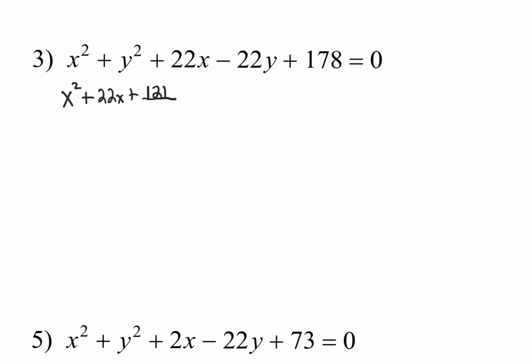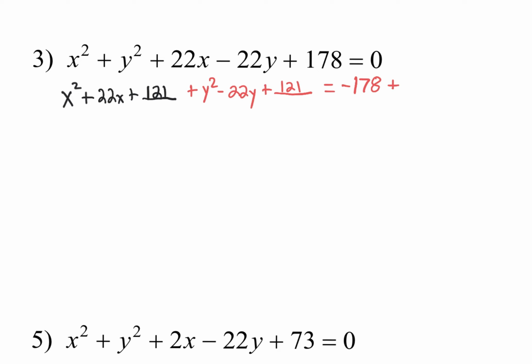Now we're going to do our y's. So plus y squared minus 22y plus, well, we just did this one, so it's 121 again, equals, we got to subtract the 178, so that's minus 178. What do I have to do to this side also?